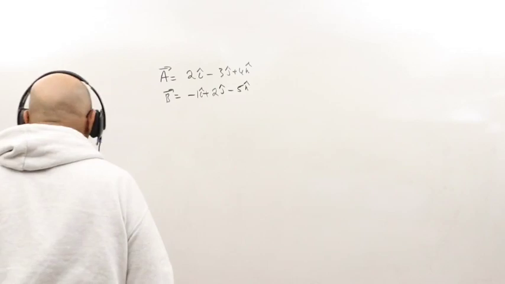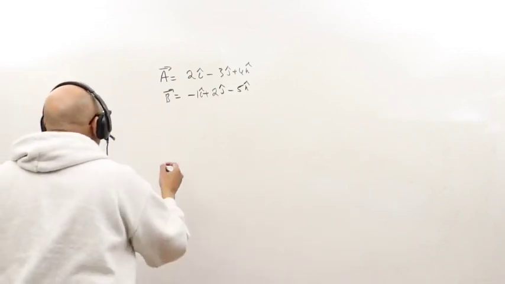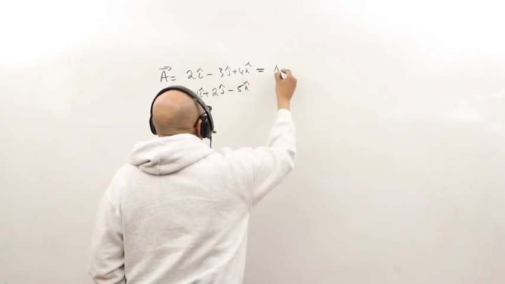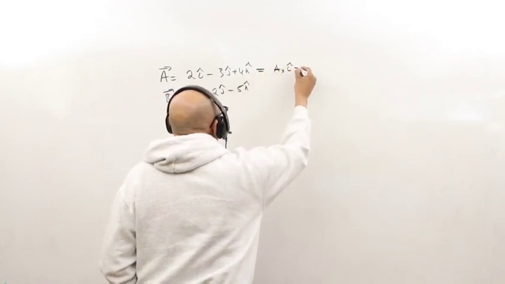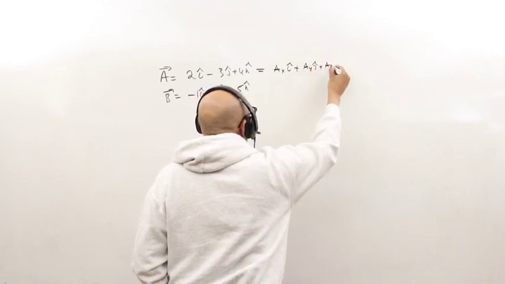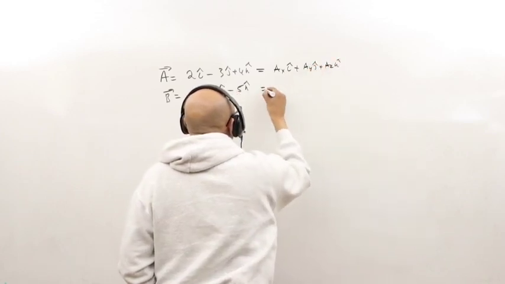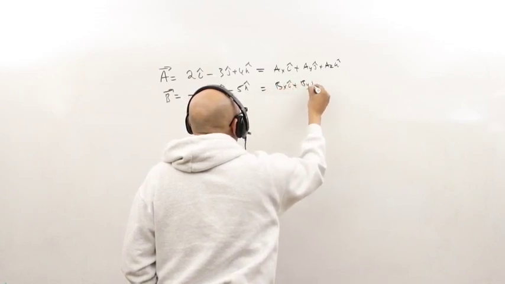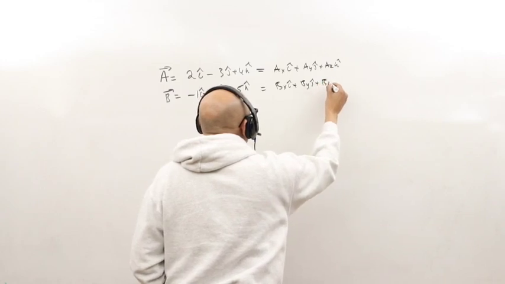Okay, so we know the dot product. So if this is given by AX i plus AY j plus AZ k, and this is BX i plus BY j plus BZ k.